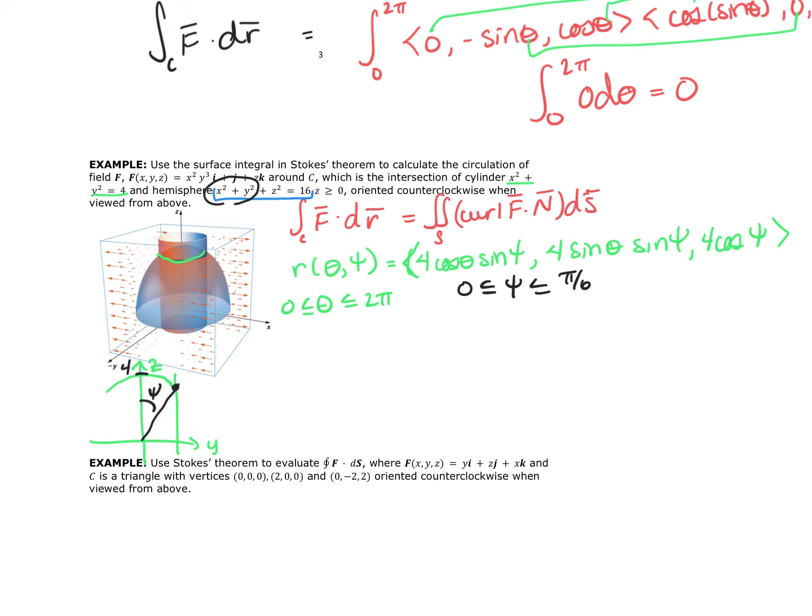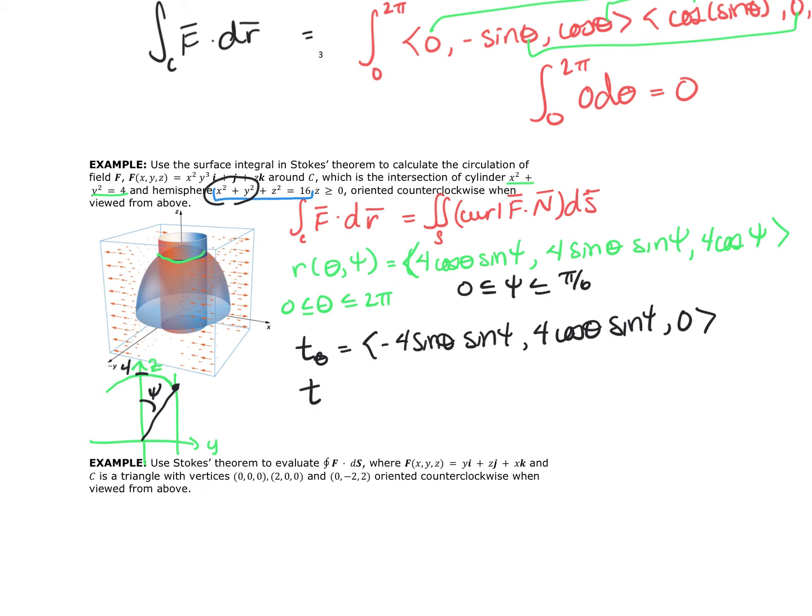Now I'm ready to do my tangential vectors. So I have my tangential vector of r with respect to theta, which is going to be negative 4 sine of theta sine of phi, and then 4 cosine of theta sine of phi, and 0.